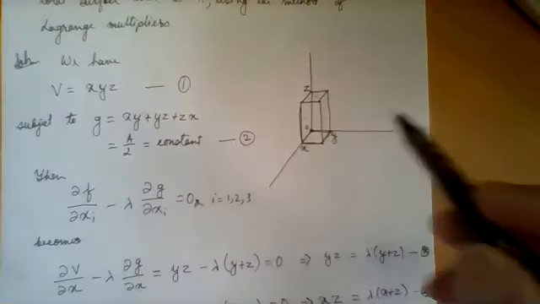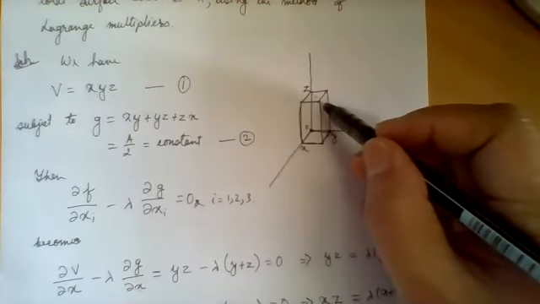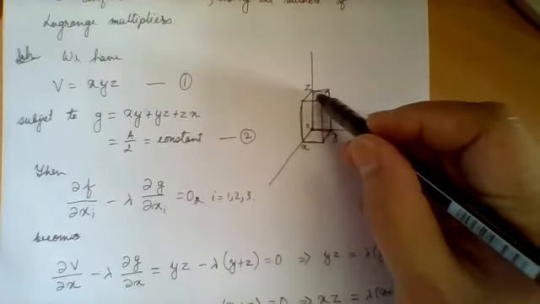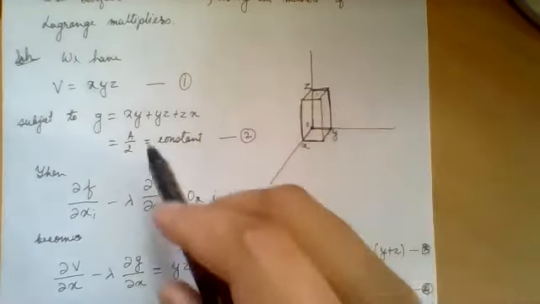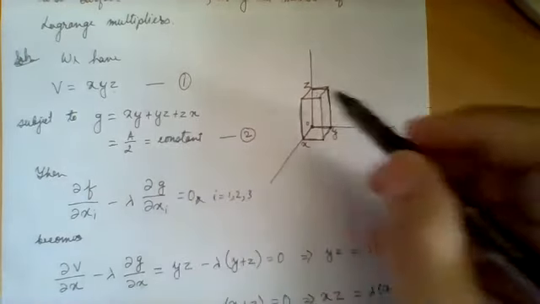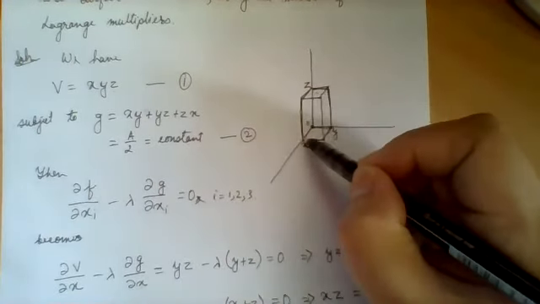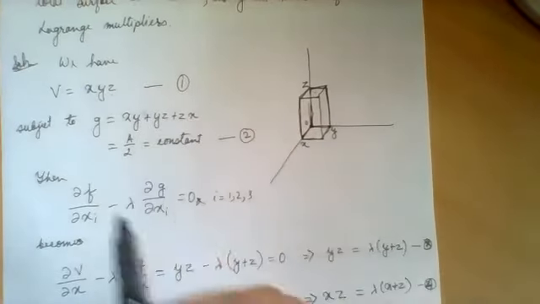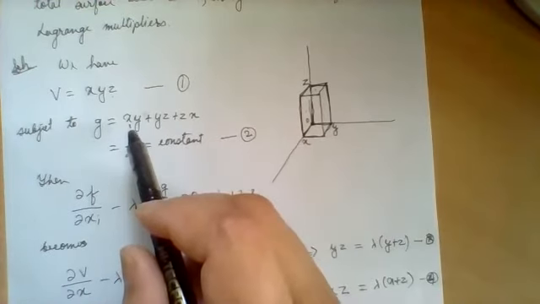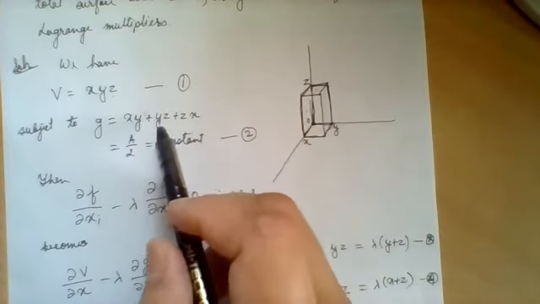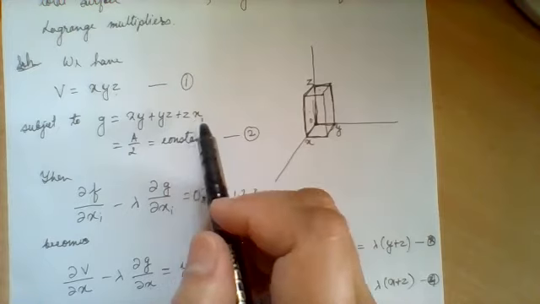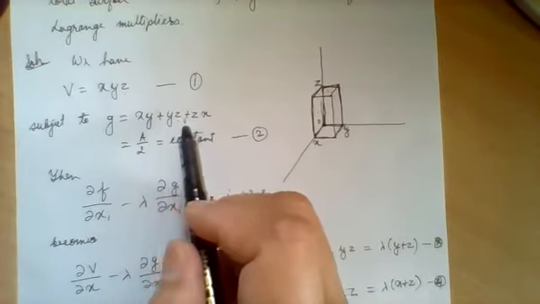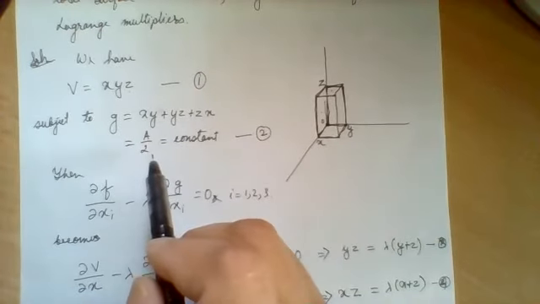The area of this face is yz, and the area of this face is zx. So 2xy plus 2yz plus 2zx is equal to A. That means xy plus yz plus zx equal to A by 2.